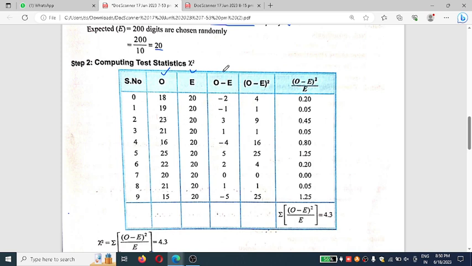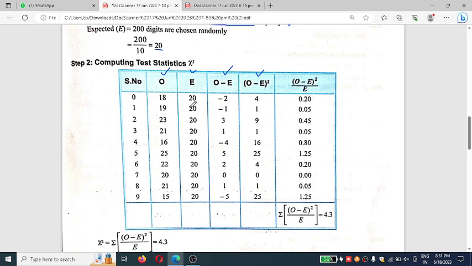Then O minus E you take the whole square. The square of minus 2 is 4, minus 1 square is 1. This is the square column. Then O minus E whole square divided by E. That is 4 divided by 20 is 0.20.